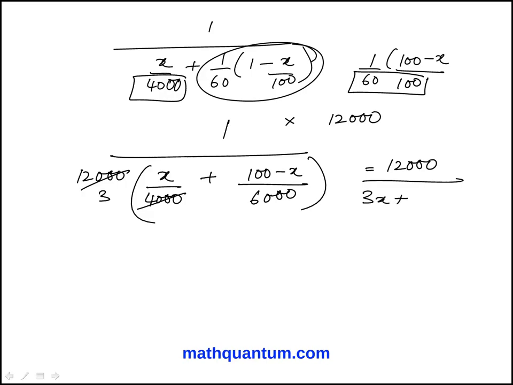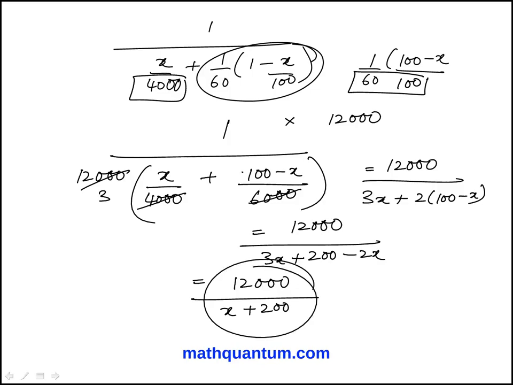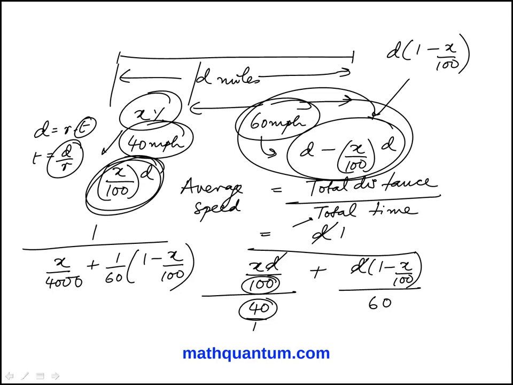And then here I would get a 2 in front, so 2 times 100 minus x. So I'm not showing you all the details here, but when you're actually doing this in the exam, you want to go pretty fast. So it's 12,000 over x plus 200, and that is the same as answer choice E. So that would be the direct way to do it. You do have to go through this algebra.